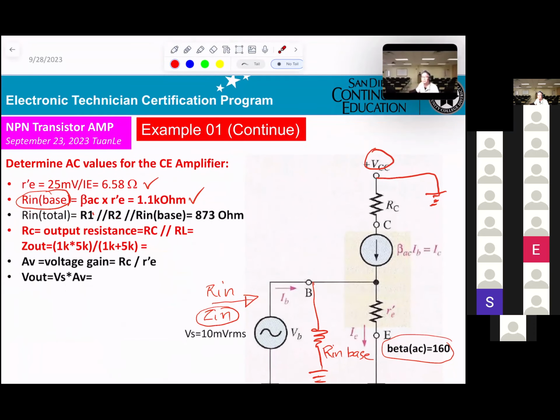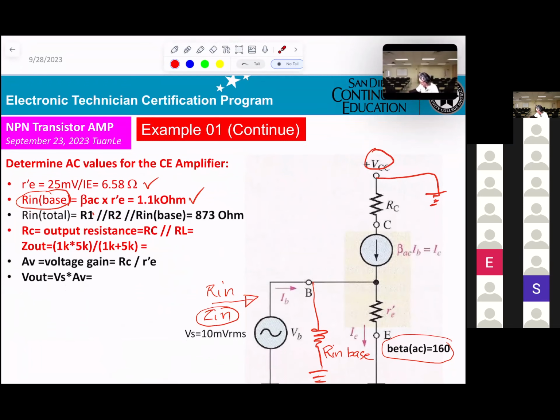Now you asked for R in base, Mr. Pham, but once again, you got R1, R2, and R prime E. So what's the difference between R in base and R prime E? R prime E, that's the internal of the transistor.